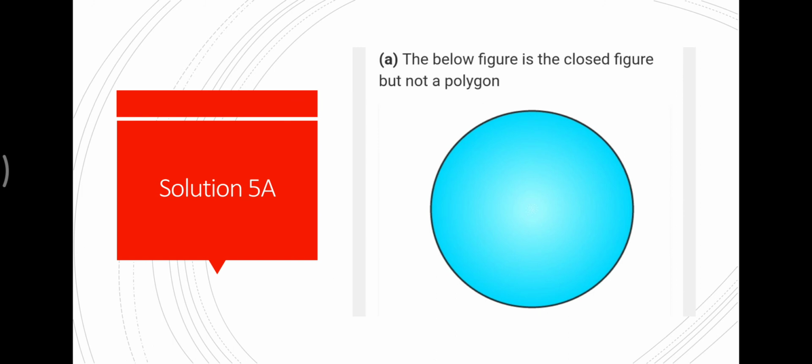Now the first one: to make a closed figure but not a polygon. So we can draw a circle. A circle is not a polygon because it is not made up of straight lines, but it is a closed figure. So this way we can make this, and we can say this is possible.